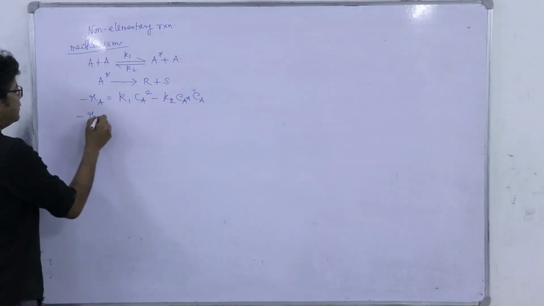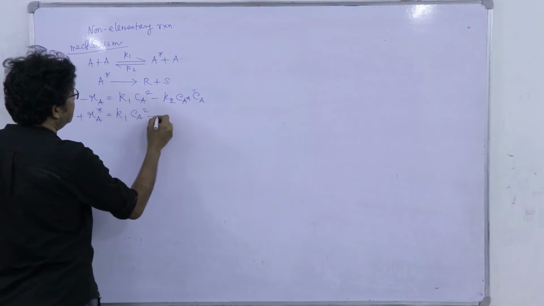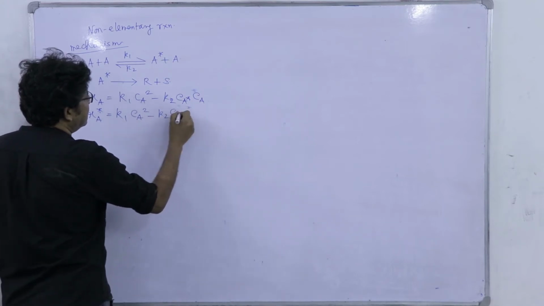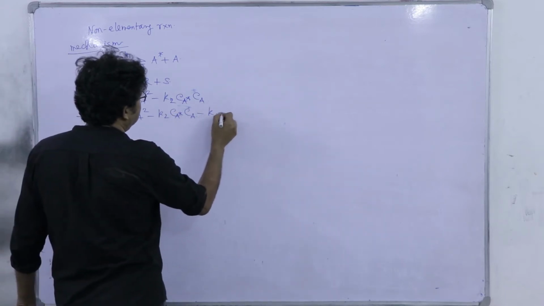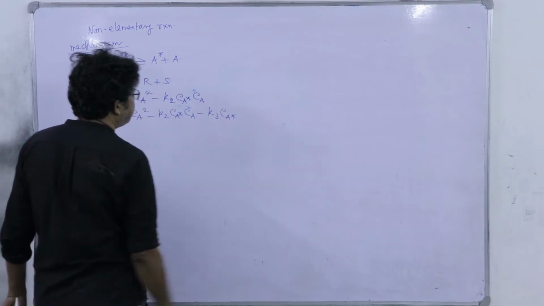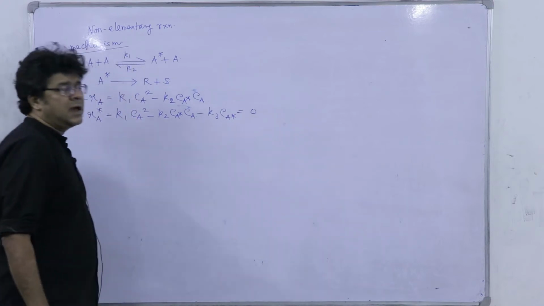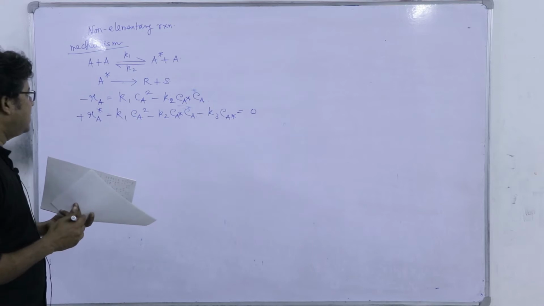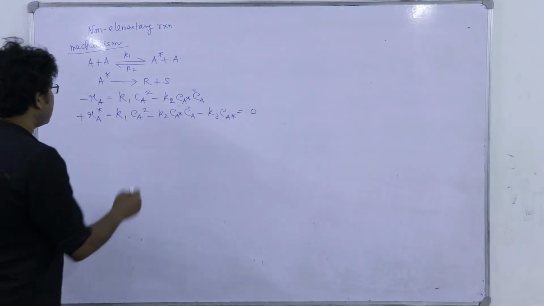Now, the rate of formation of A star is K1 CA square minus K2 CA star CA minus K3 CA star. As A star is a highly reactive component, we will consider it a reactive intermediate and set its rate of formation equal to 0.